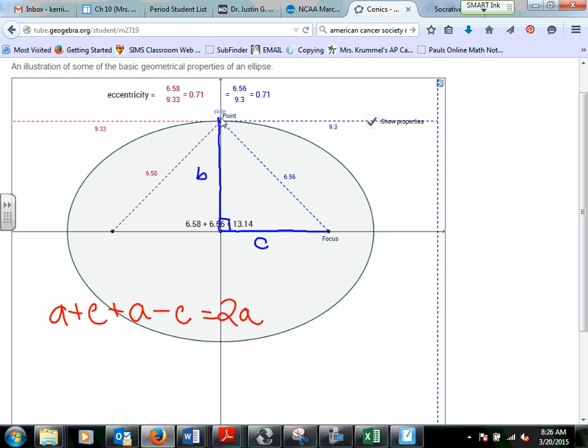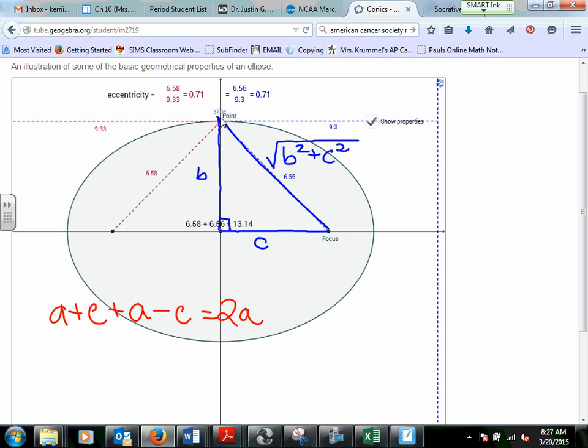This would be B, because this is our minor axis. And so if we use the Pythagorean theorem, then this is the square root of B squared plus C squared, right? C squared plus B squared equals hypotenuse squared.